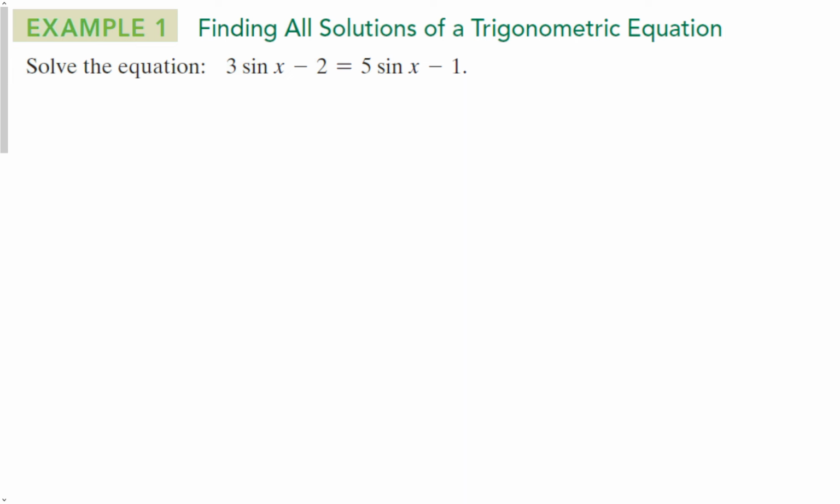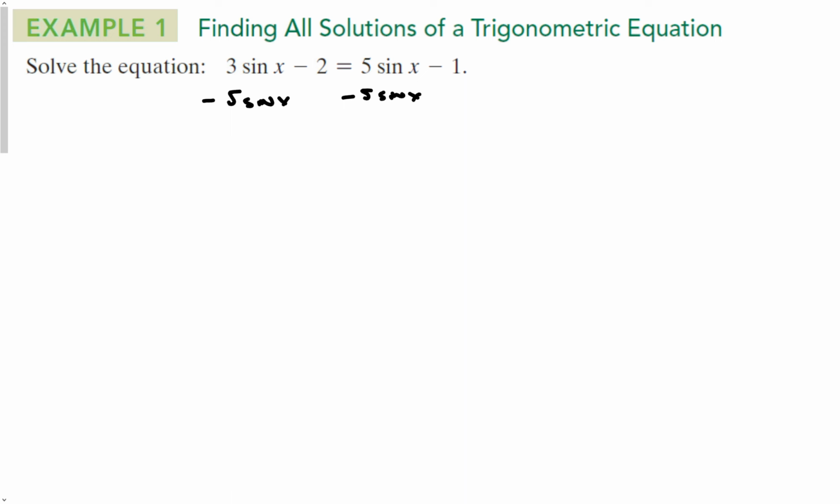3 sine x minus 2 equals 5 sine x minus 1. Let's get everything with the sine on one side. And so we're going to subtract 5 sine x from both sides.